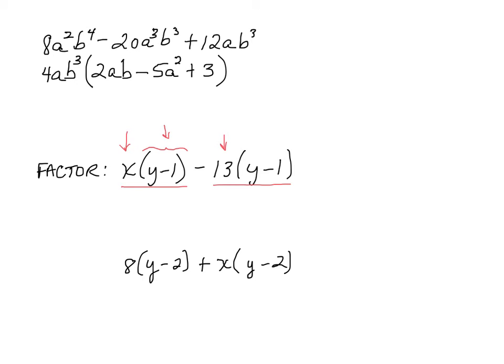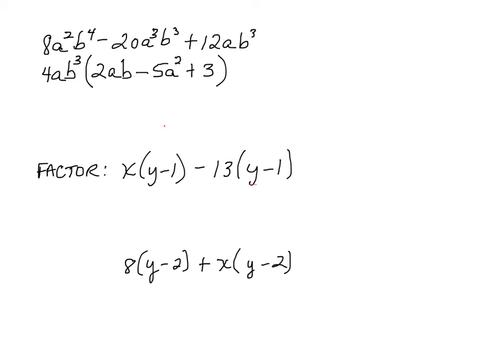For this one, 13 is a factor and y minus 1 is a factor. Both of them have a y minus 1 as a factor. So what that means is y minus 1 is the GCF. It's common to both of them.